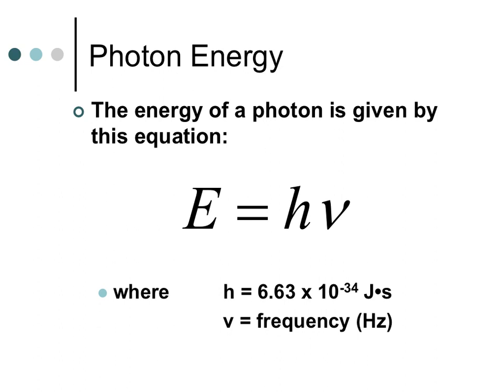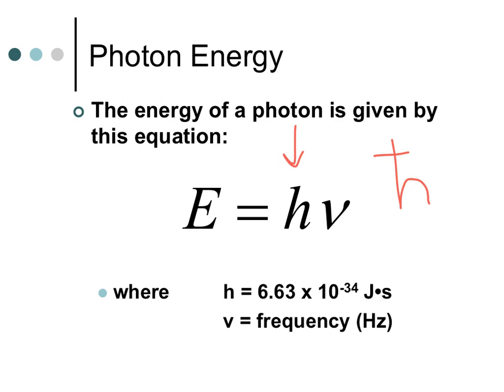Earlier we talked about how the energy is directly related to the frequency. So here's the formula that relates those two things. The energy is related to something called Planck's constant times the frequency. Again, this typed out version of Planck's constant isn't perfect. It should be a lowercase h with a little cross on the top.